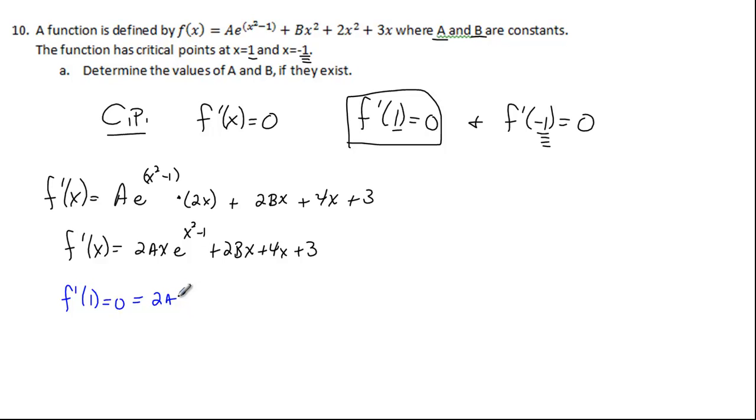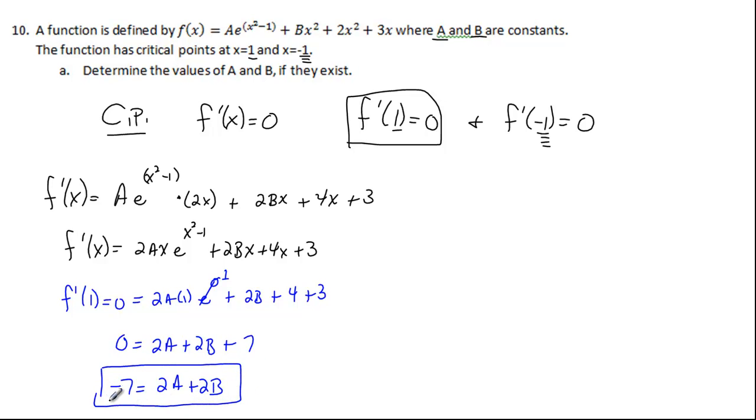So I'm going to have 2 times a times 1, e to the 1 squared minus 1, which gives you e to the 0, plus 2 times b times 1 gives you 2b, plus 4 times 1 is 4, plus 3. 0 then equals 2 times a times 1, and e to the 0 is 1, so 2 times a times 1 gives you 2a, plus 2b, plus 4 plus 3 is 7, which implies that negative 7 is equal to 2a plus 2b. So we have our first equation from our first constraint.